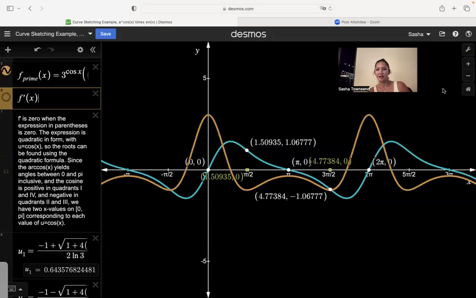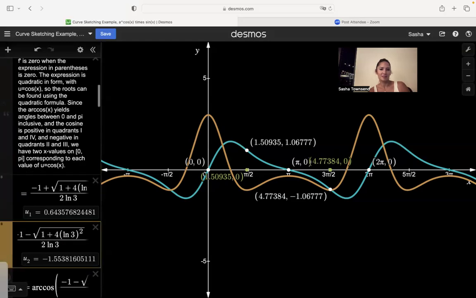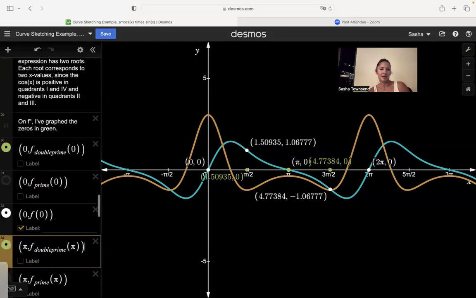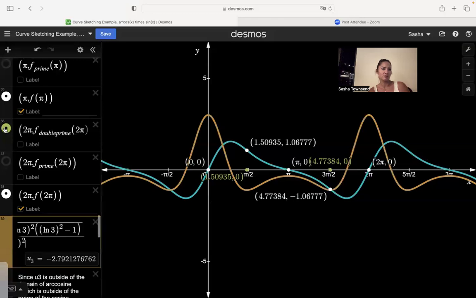Okay, so this is our graph. And I've got all those points graphed. Probably don't want to have all those zeros of the second derivative graphed right now. So I'm gonna get rid of those.